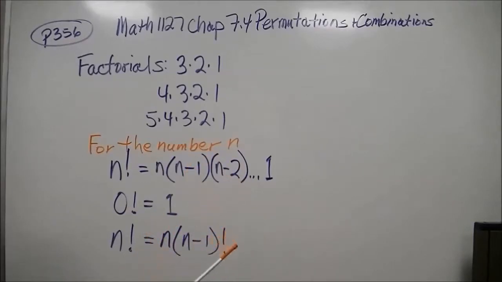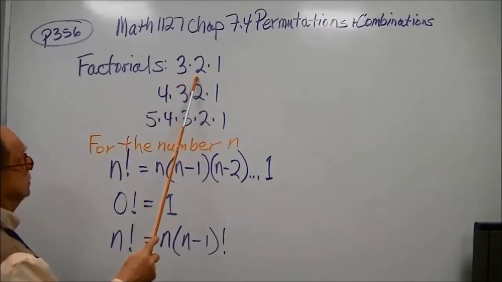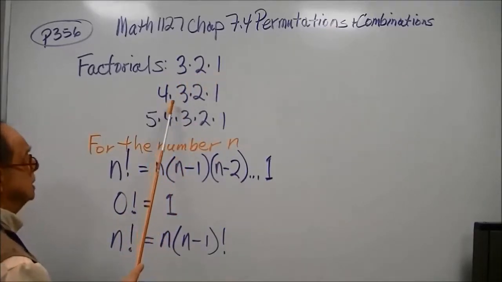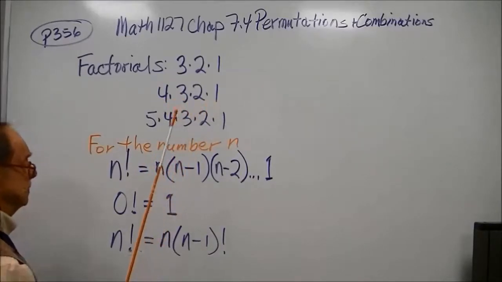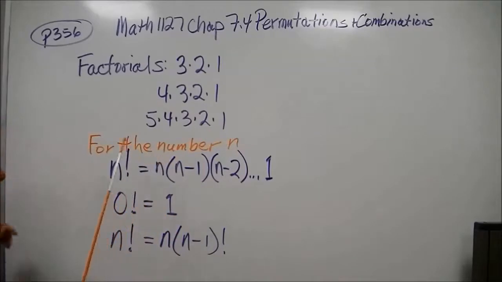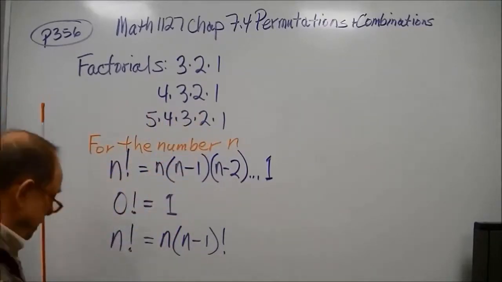As we did some counting by multiplying and adding in the previous section, one of the things that came up was that sometimes we would multiply 3 times 2 times 1, and then sometimes 4 times 3 times 2 times 1, and sometimes this. And, you know, we would tediously put that into a calculator.